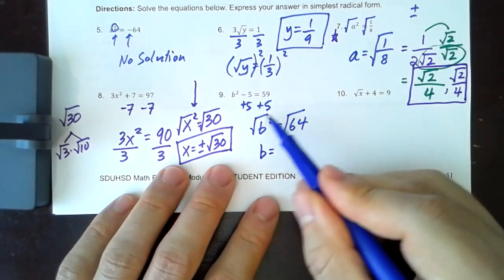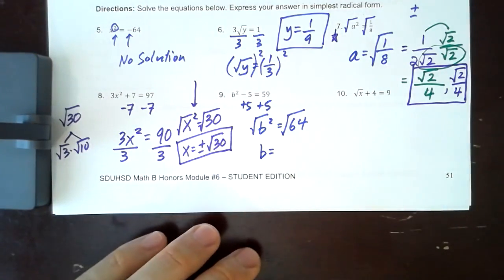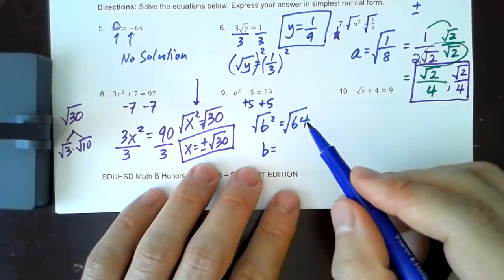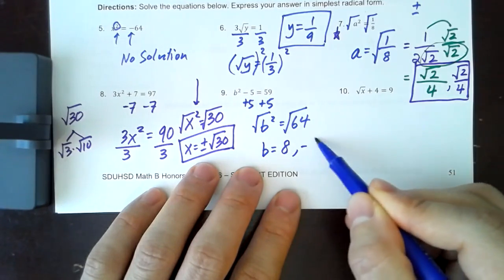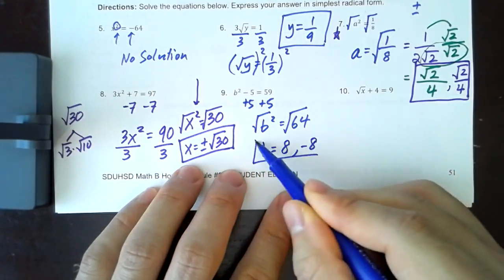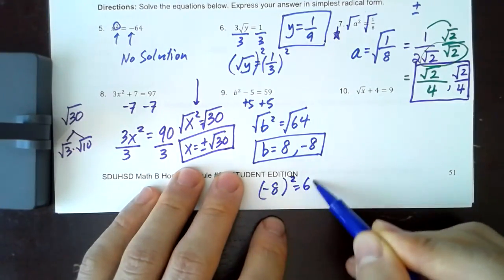And whenever you square root a square, the output has to give you plus or minus. I know that 8 is the first thing that we think about, but let's not forget about negative 8, right?